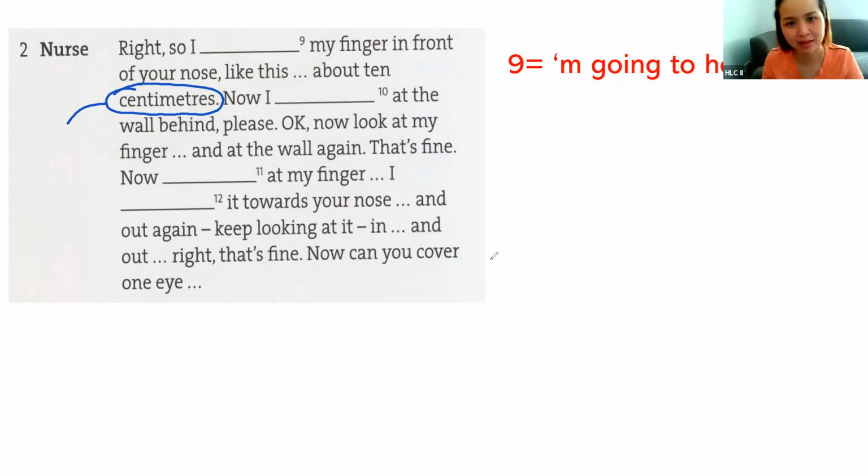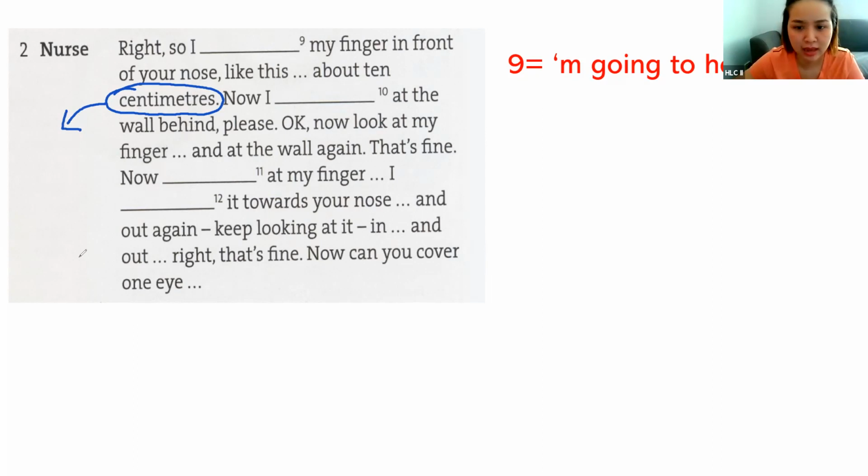But Falang will not understand you. You have to say centimeters. Again, it's just like meters, but you add the word centi in front.